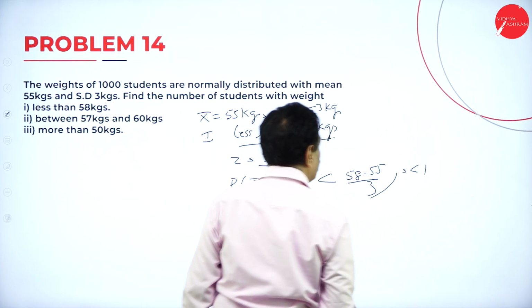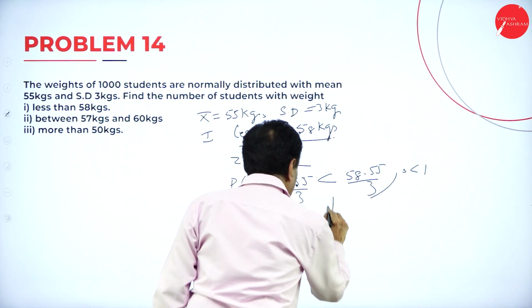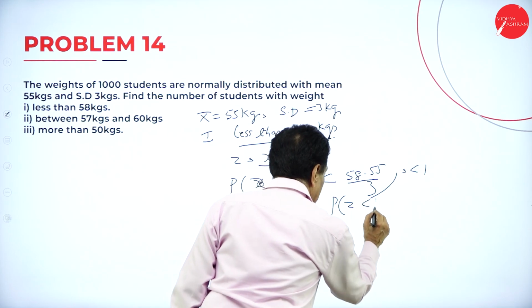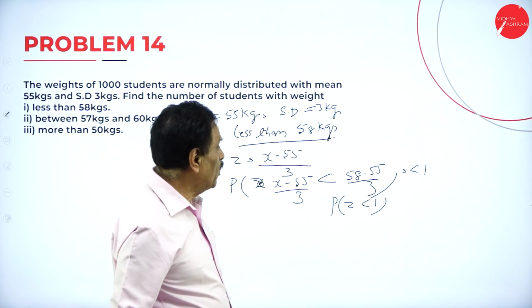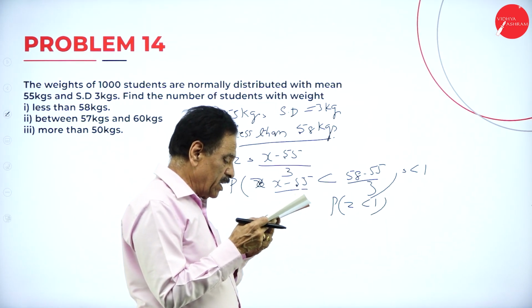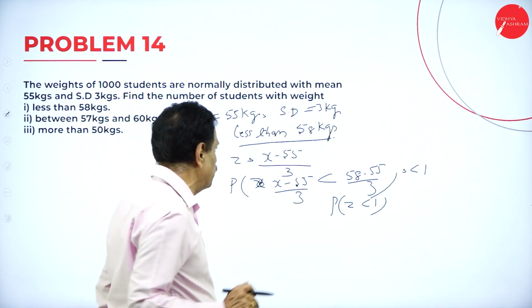Less than 1. We can write P(Z less than 1). What's the value of 1? You already see that the value of 1 is 0.3413.